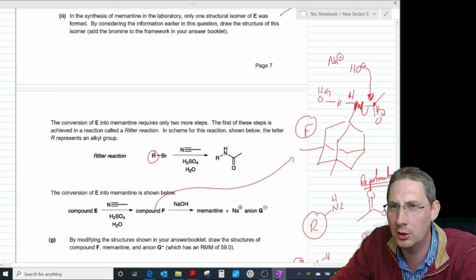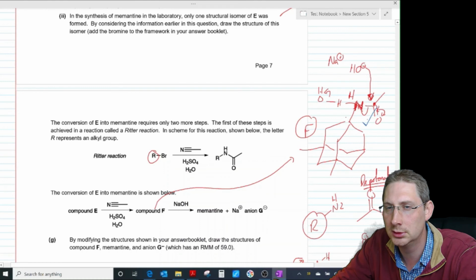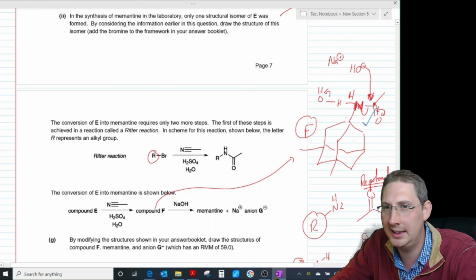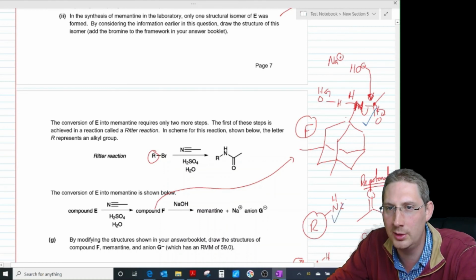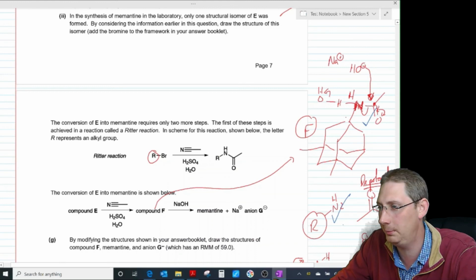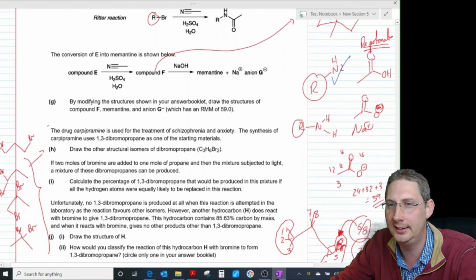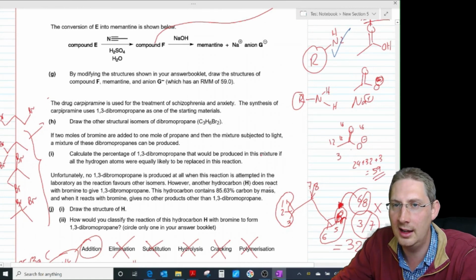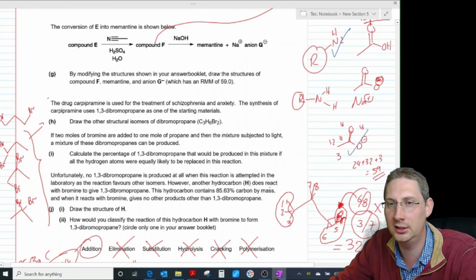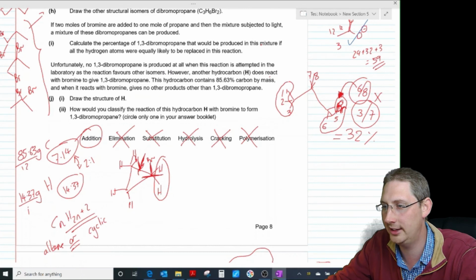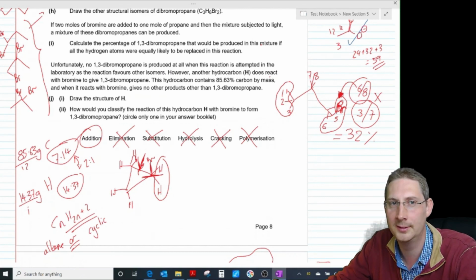Yep, so I got that right. Memantine is indeed R with the NH2 group, absolutely. And anion G is indeed the ethanoate anion. Good, good, good. I'm not as bad at this as I thought I was.